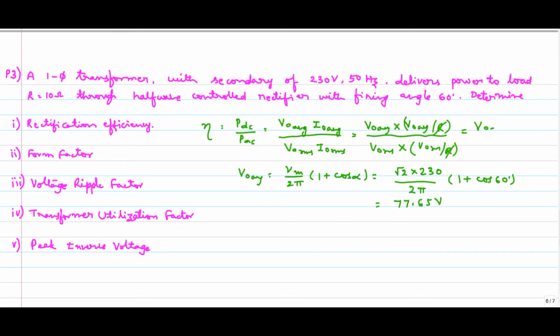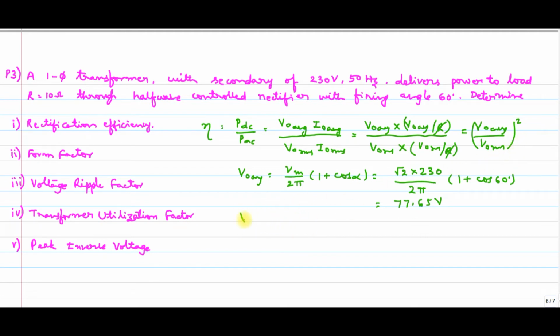Finally it will be V naught average divided by V naught RMS, whole square. It's better to find out completely.